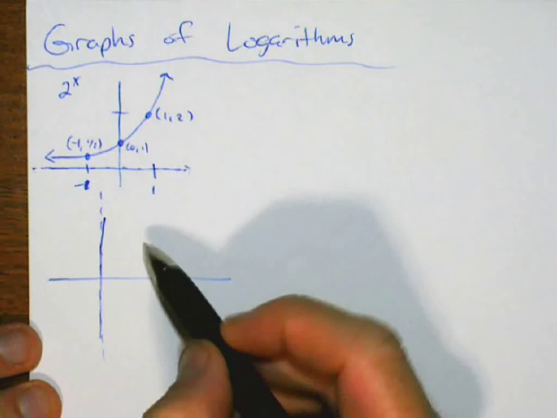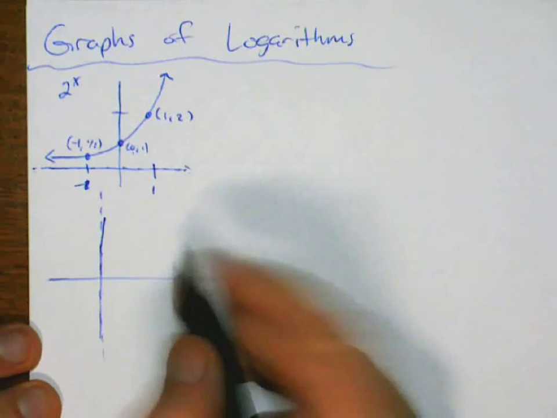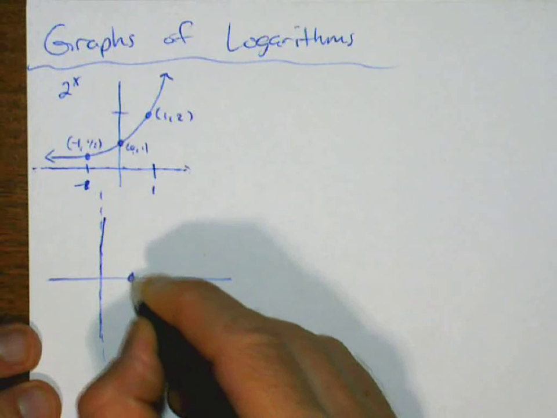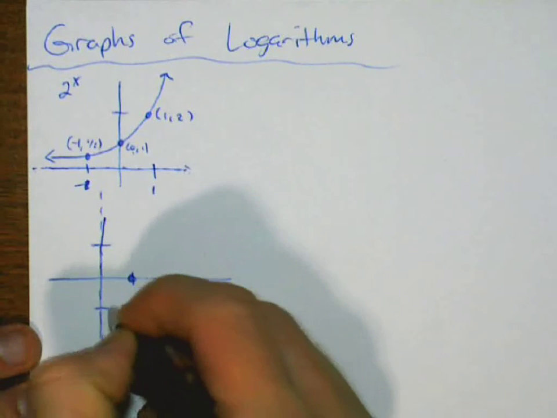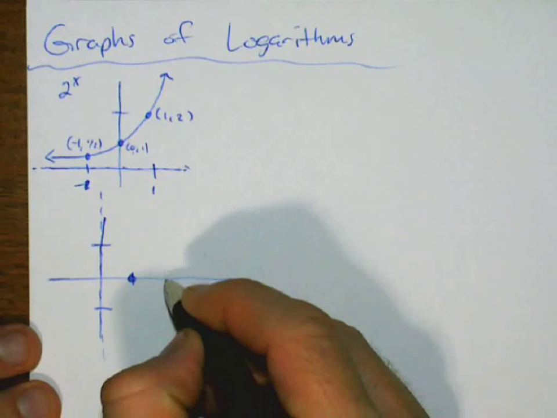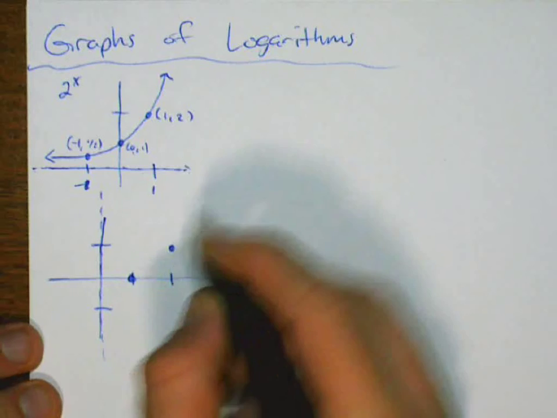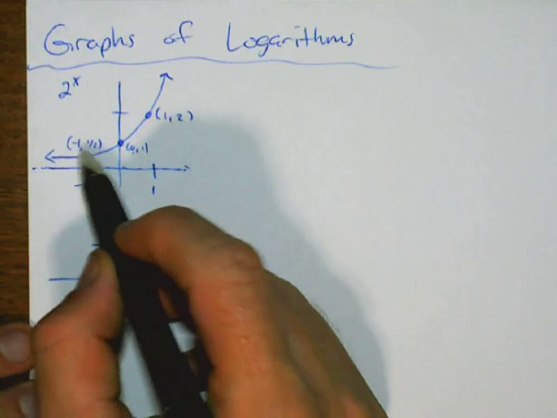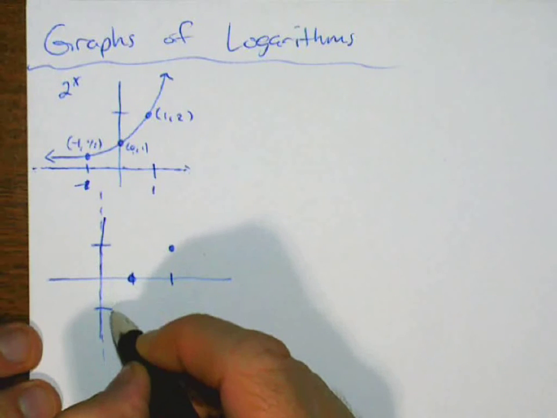Instead of the point (0, 1), we have the point (1, 0). And so on and so forth for other points. The point (1, 2) becomes the point (2, 1). This point, (-1, 1/2), becomes the point (1/2, -1).